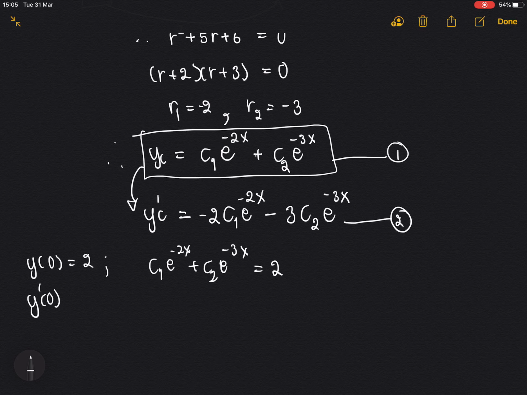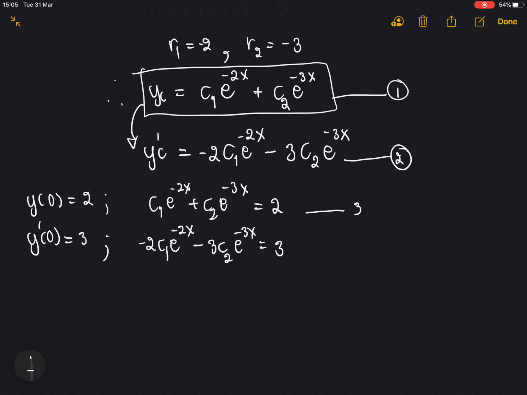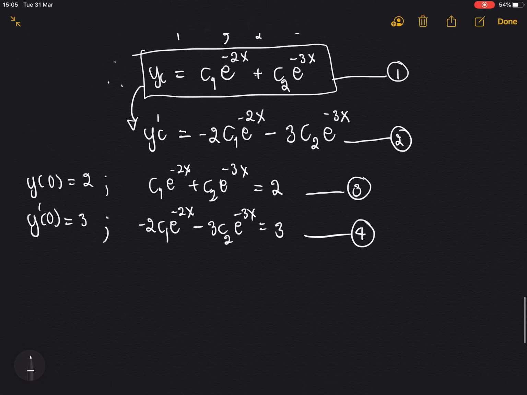And also same as equation number 2 here, when you have y prime (0) equivalent to 3, therefore we can just summarize that expression 2 here is equivalent to the value of 3. So let me name that as expression 3 and expression 4.